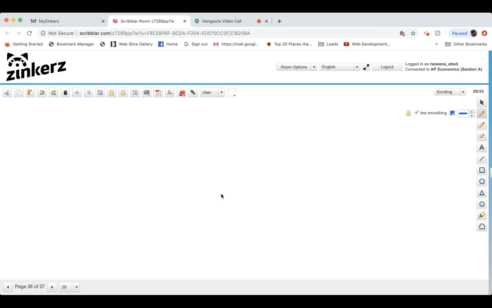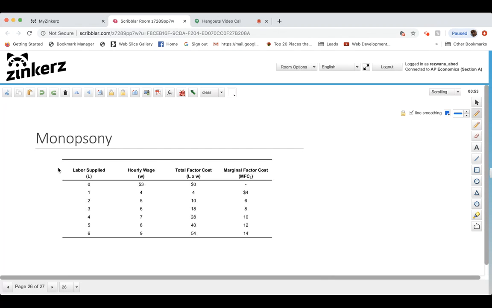So for the monopsony, let's take a look at this table. For a monopsony, this is the labor supply. The labor units are from 0 to 6 laborers.